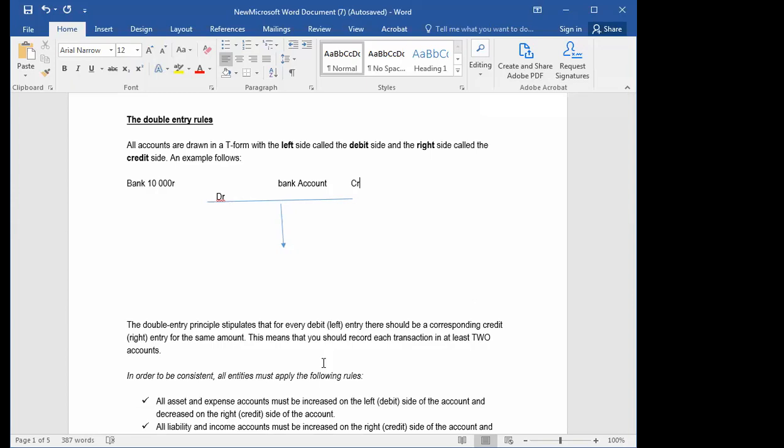Therefore, each transaction that we have given, you must have 2 accounts. You need to identify 2 types of accounts. And then on your first account, if you recorded your money on a debit side, obviously on your second account, you need to record that particular money on a credit side. That is a double entry principle. It is applied and correctly applied.